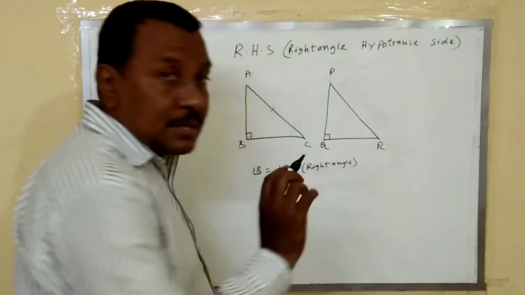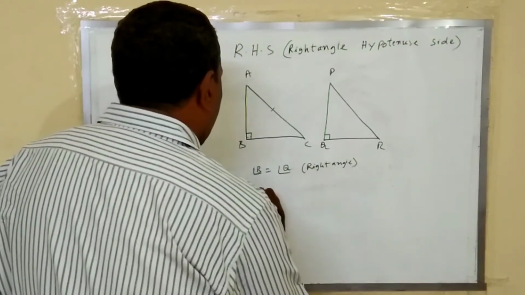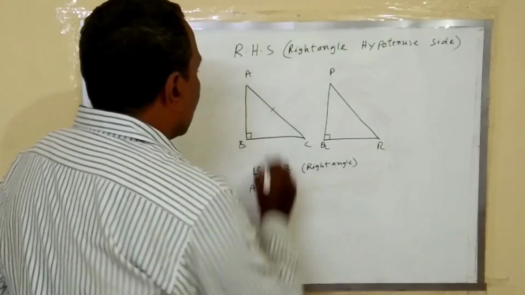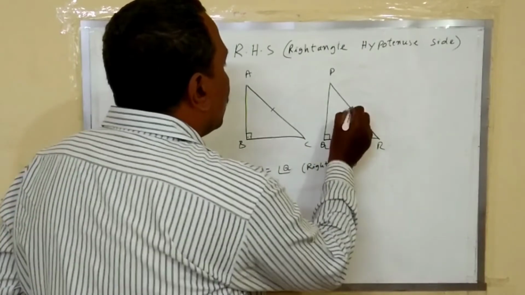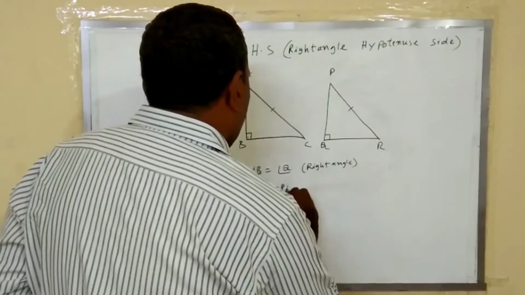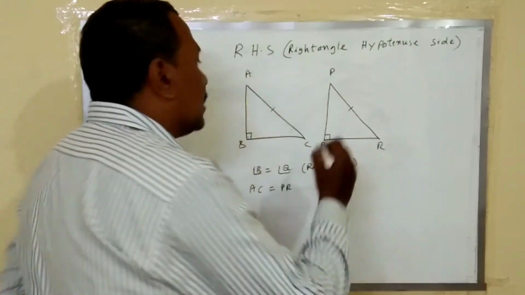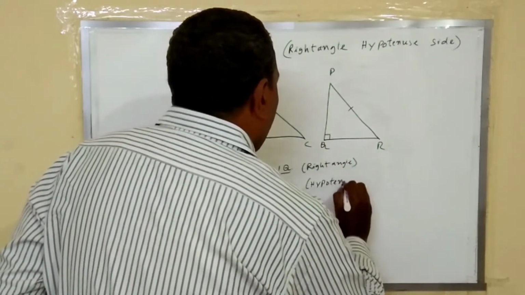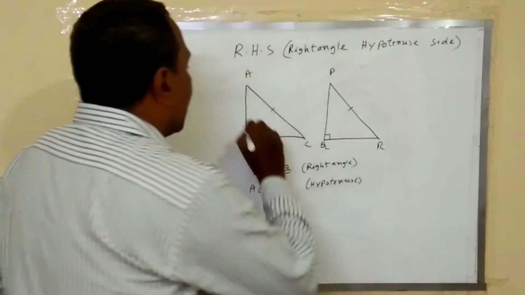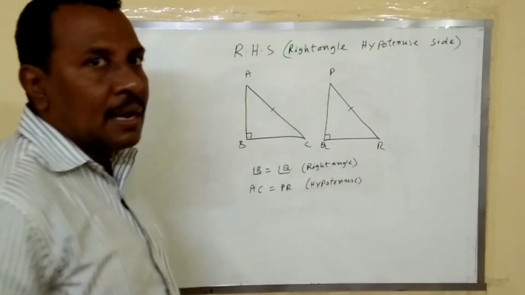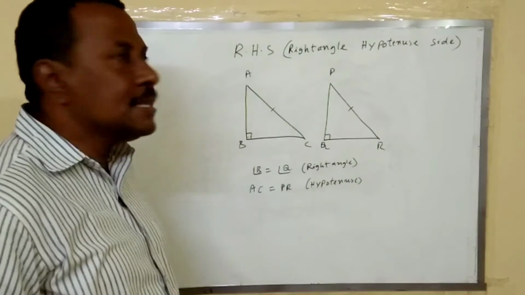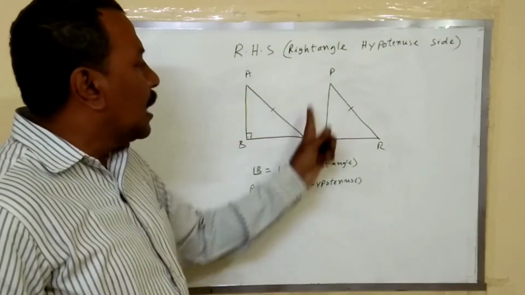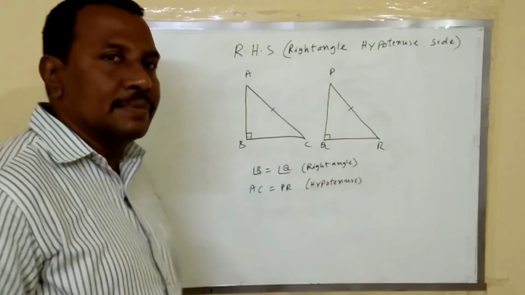If the hypotenuses are equal, that means AC, the hypotenuse of triangle ABC, is equal to PR, the hypotenuse of the other triangle PQR.